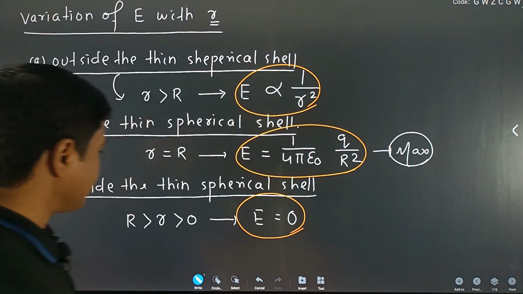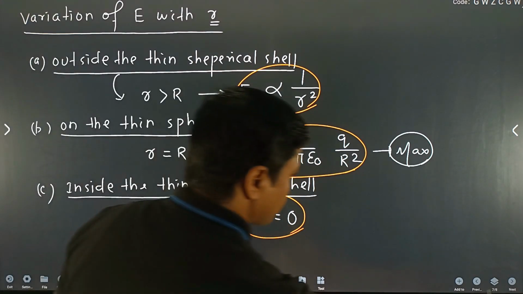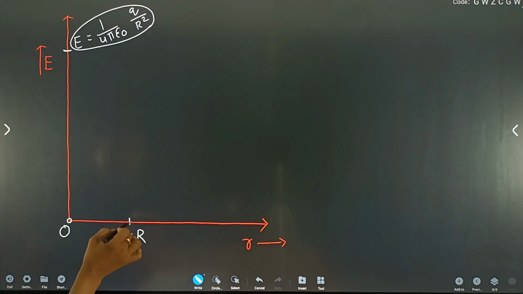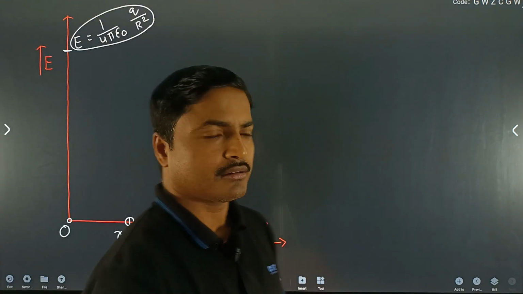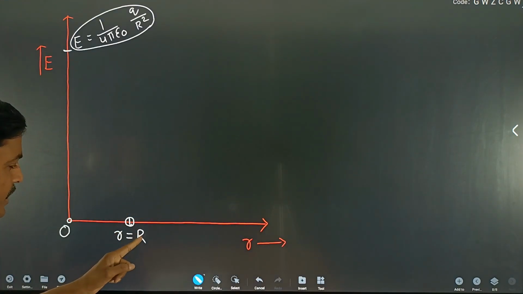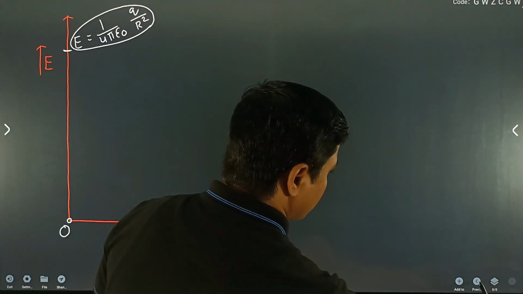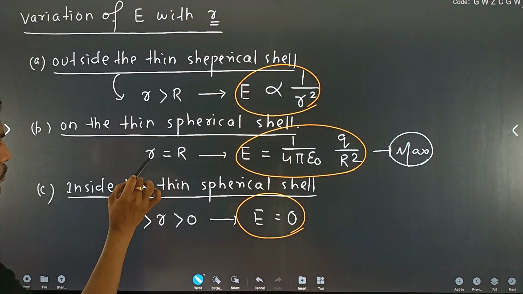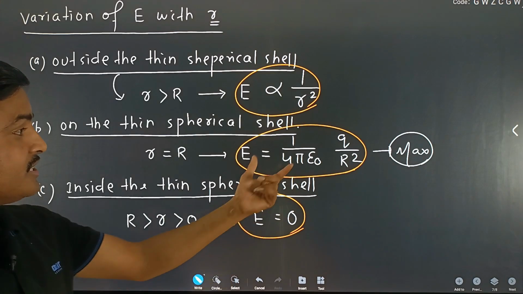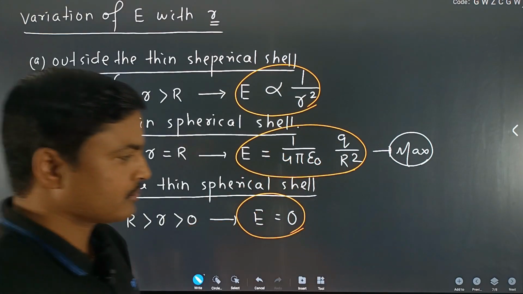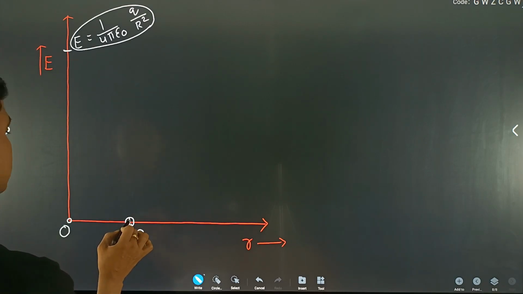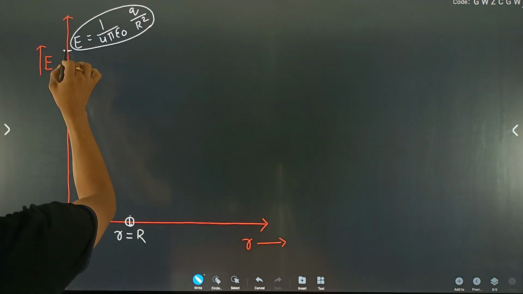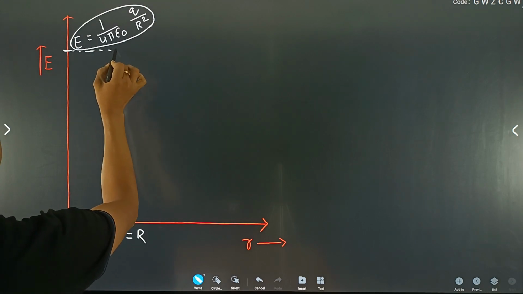No electric field is there up to R, that means up to this point electric field is 0. Then when small r is equal to capital R, this is the magnitude of the electric field.